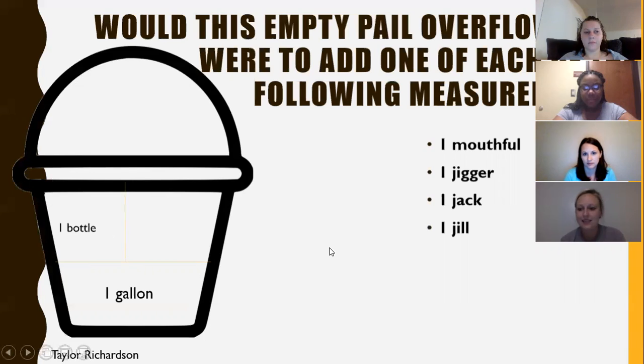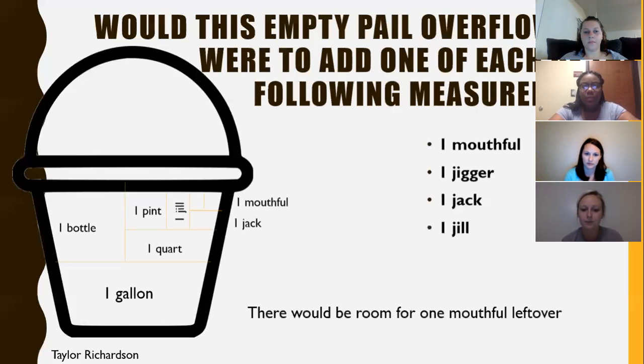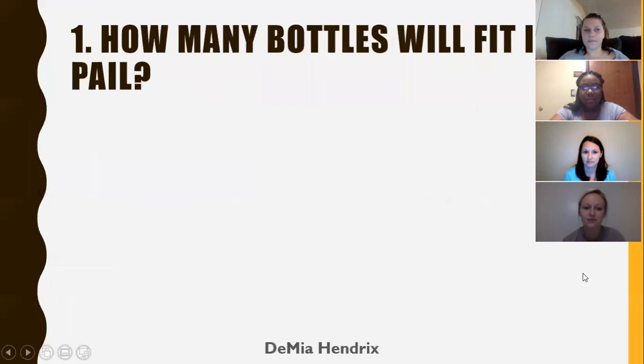It's going to keep going just like that. 2 quarts is equal to 1 bottle, so 1 quart will take up half of that remaining space. And then a pint will take up half of that remaining space. And then 1 Jill, 1 jack, until we finally get down to 1 mouthful. When we add all these up, we're still going to have room for about 1 mouthful left over. So it's not going to overflow.